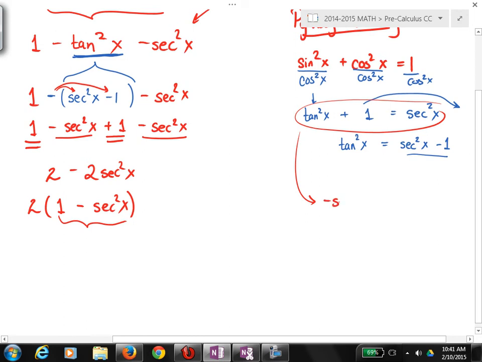So I'm going to say negative secant squared of x plus 1 is actually equal to, when I move the tangent squared, it's going to become negative tangent squared of x. Or some of you could just see it from here by multiplying both of these by negative 1. You should get that answer as well. So this one right here is going to get replaced with negative tangent squared of x. And then I still have this times 2. So my answer would be negative 2 times tangent squared of x.